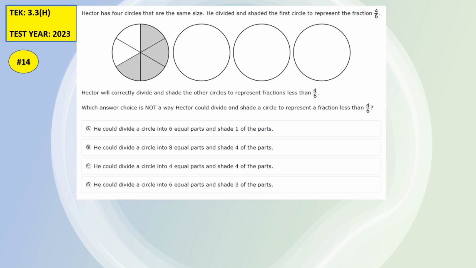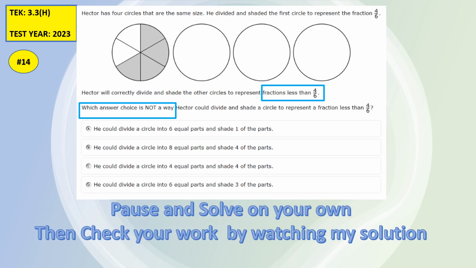So 3 of these answer choices correctly tell you how he can create fractions smaller than 4/6. One of these is going to be bigger than 4/6. That's the answer that you're looking for. I want you to go ahead, pause and solve on your own, then check your work by watching my solution.